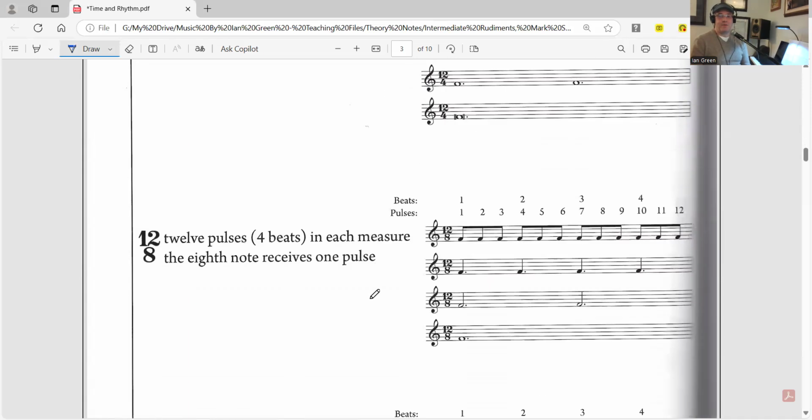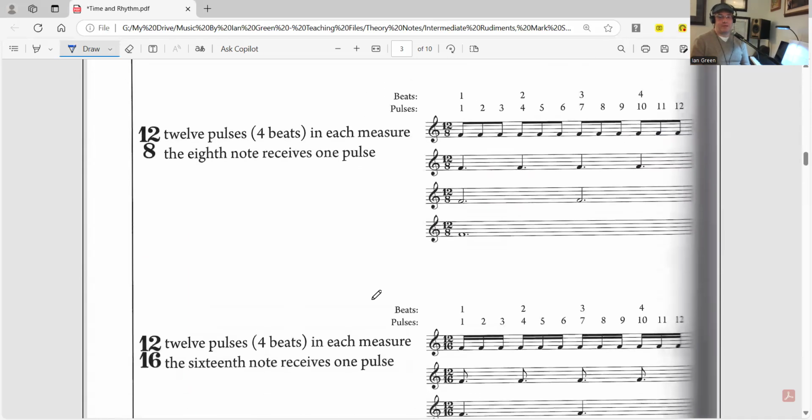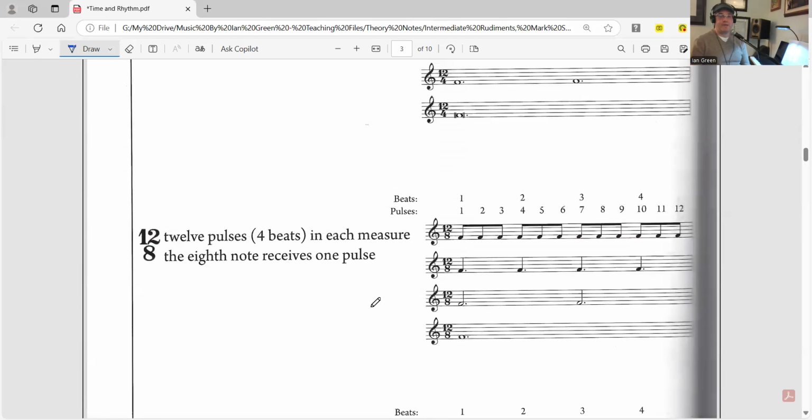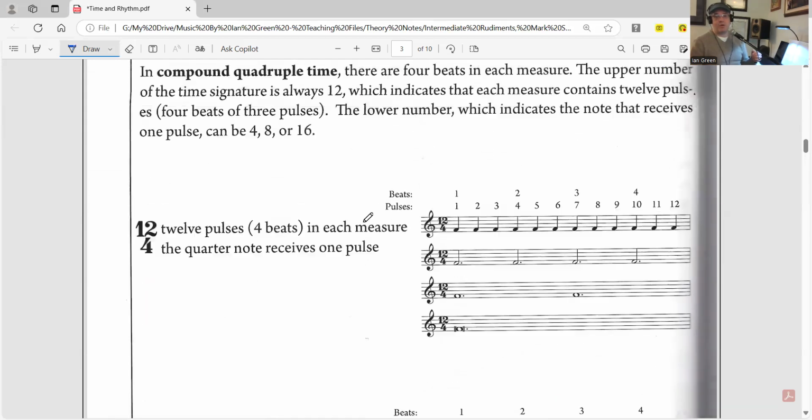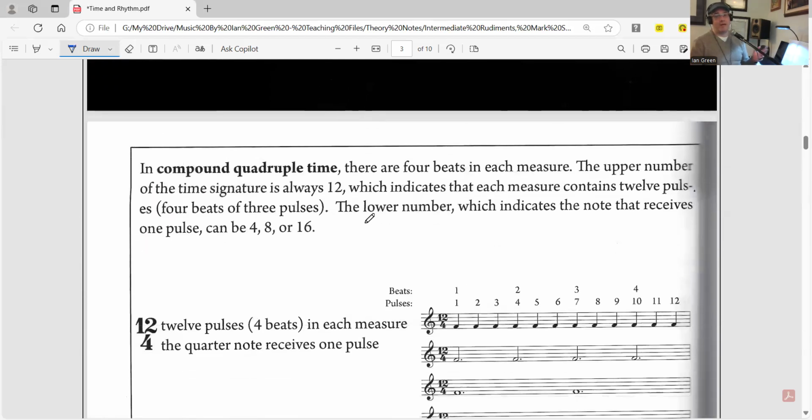So when we think about these types of note values, and also the number of beats in each measure, the same principle is applied here, except that now the new thing is that compound time equals different iterations of groups of 3. And it's just knowing which group of 3 we have to use.